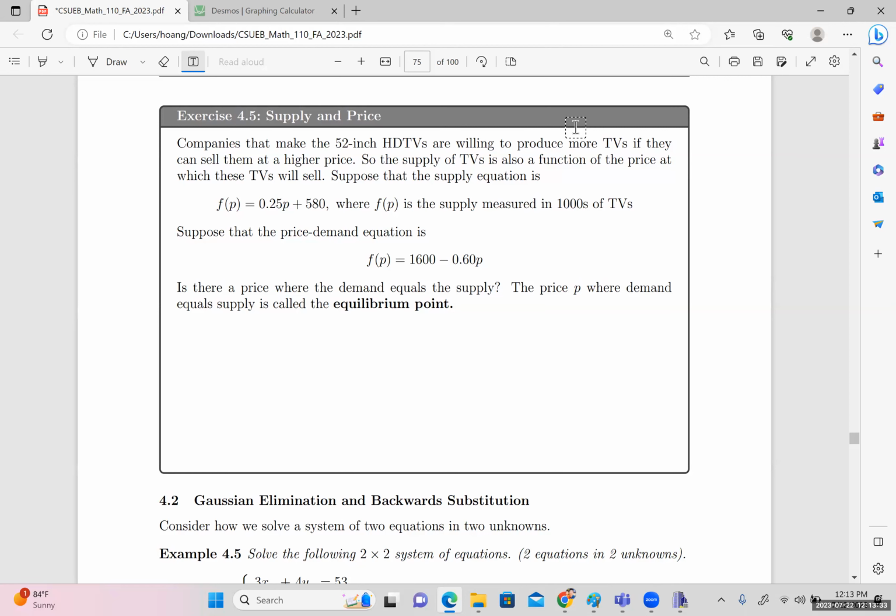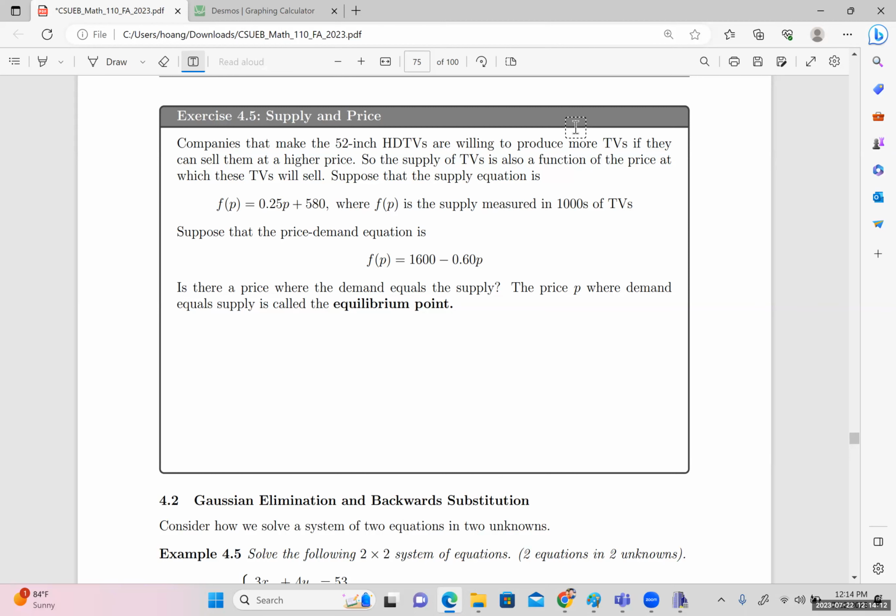Okay, I want to teach you guys one more important thing, supply and price equations. We did learn about demand equations before, price in terms of demand or demand in terms of price, and mostly in order to set up the price, we depend on the demand, right?